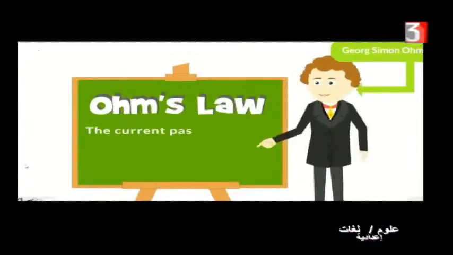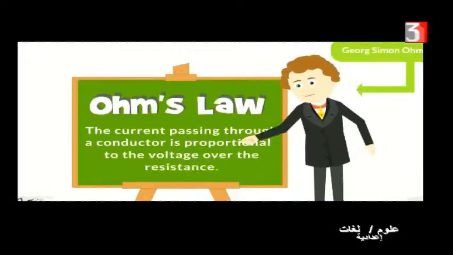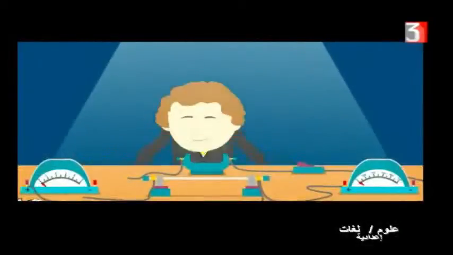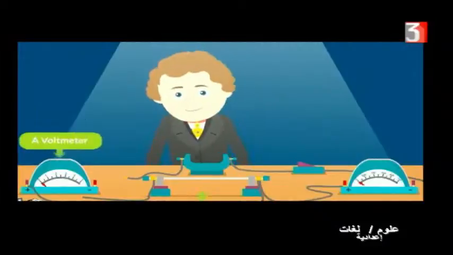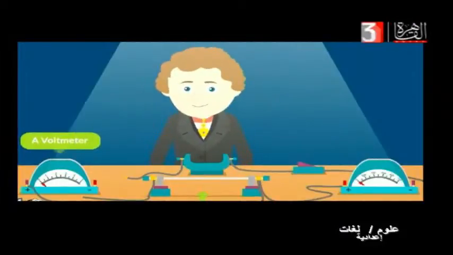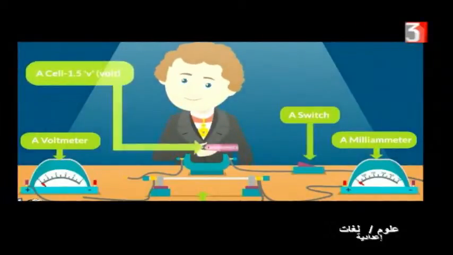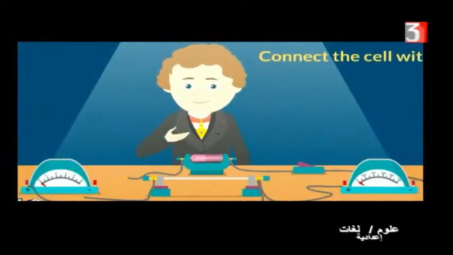Ohm's law was made by the great scientist Georg Simon Ohm. Ohm's law determines the relation between electric current intensity and potential difference. Okay, let's make a circuit containing a voltmeter, an ammeter, a switch, a battery of 1.5 volt, and a nichrome wire, which is the resistance.